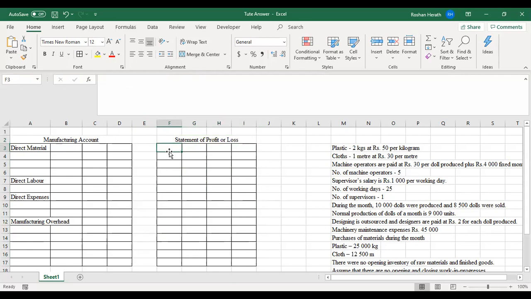You can say the sales, then most importantly the cost of sales, then the gross profit. If you have the administrative expenses, then you have the selling and distribution costs, and finance and other expenses.